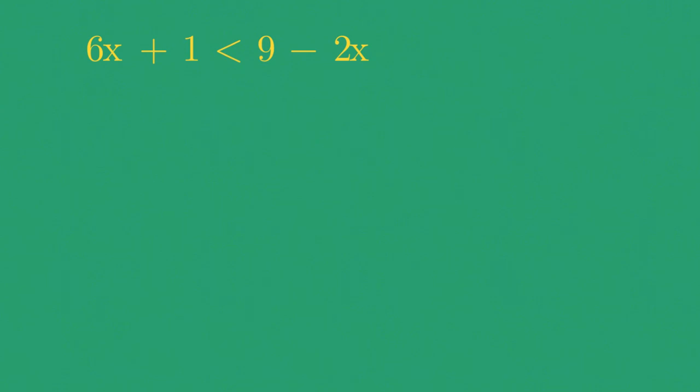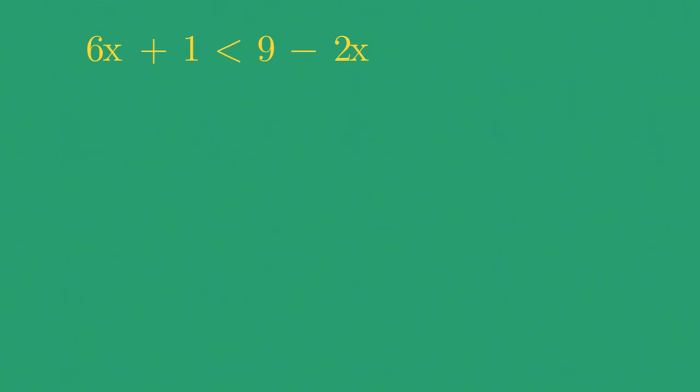Now with this one, there are no parentheses, okay? Variables on both sides, okay? On the left side, the 6x plus 1, those are both unlike. You cannot simplify 6x plus 1, but I would look at that. On the right side, 9 minus 2x. Those are unlike. Can't combine those.